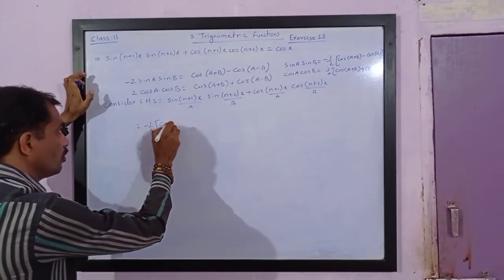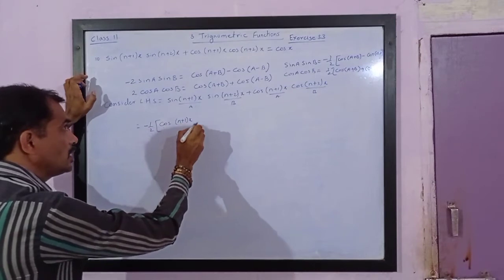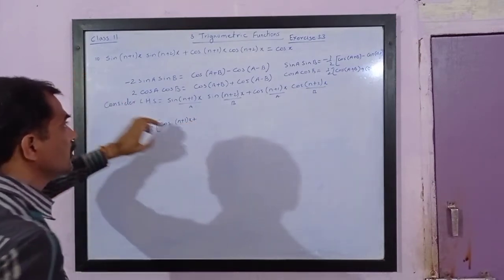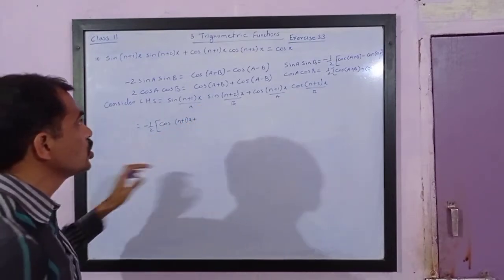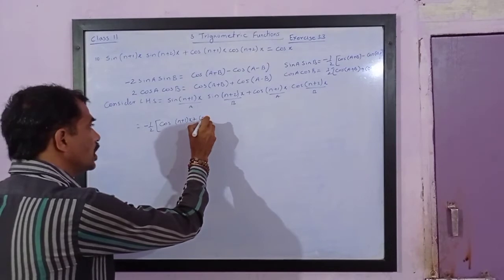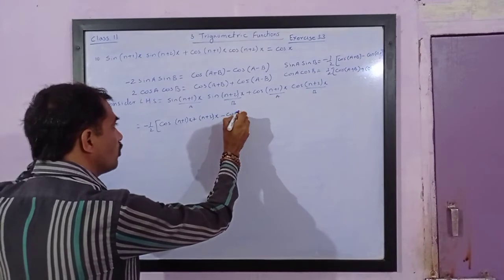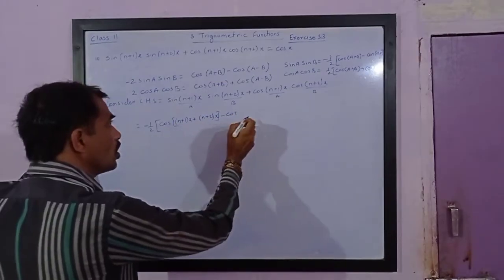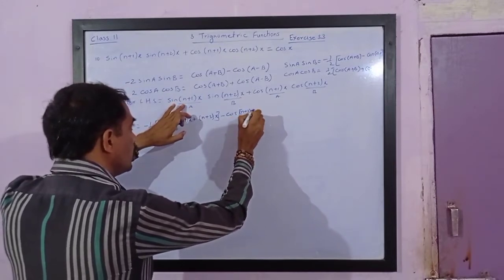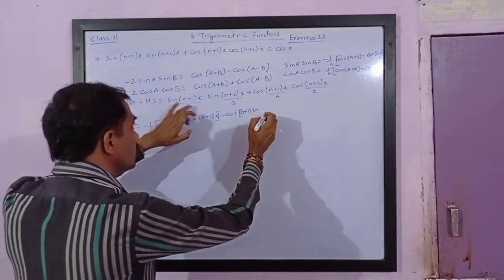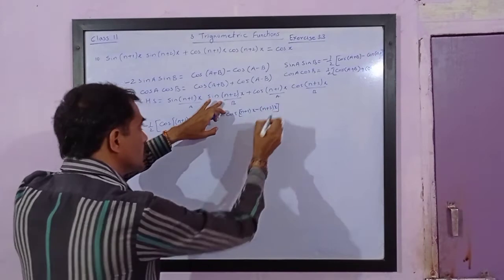cos(a plus b). A is this, (n+1)x, plus b is (n+2)x, and minus cos(a minus b), a is (n+1)x minus b is (n+2)x.